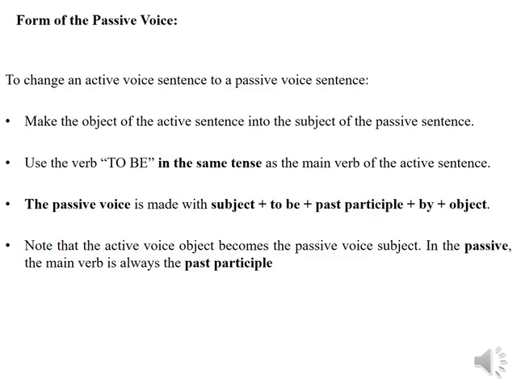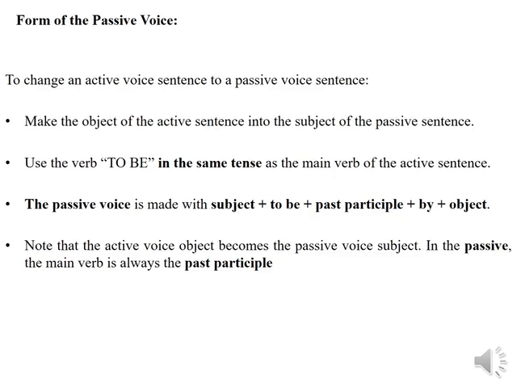And if the verb in the active is past tense, by the time you are using the be verb in the passive, it must be in the past tense. So the passive voice is made with subject plus to be plus past participle plus by plus object.